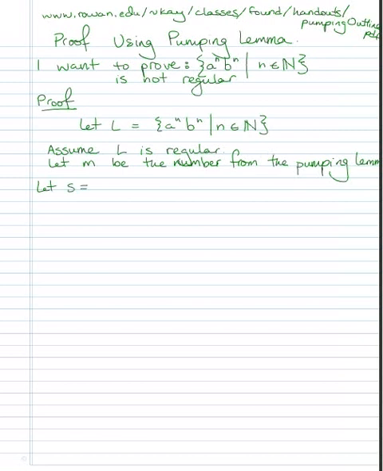The requirement on S is that it has to be at least M characters long, and I'm going to pick the string a^M b^M. That's definitely at least M characters long; it's actually 2M characters long. Since S is an element of L, and the length of S is greater than or equal to M, the pumping lemma must apply.